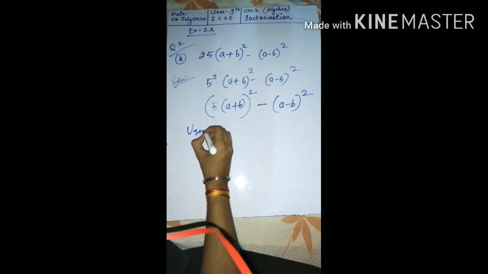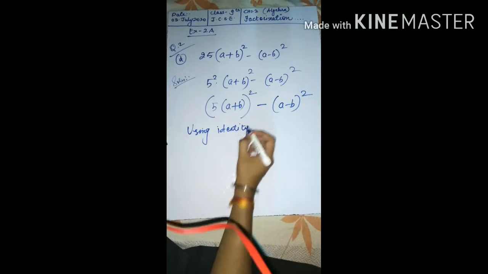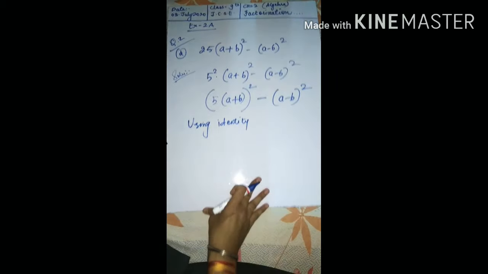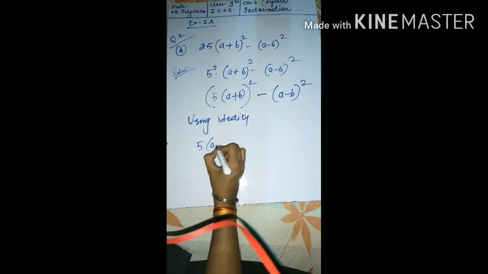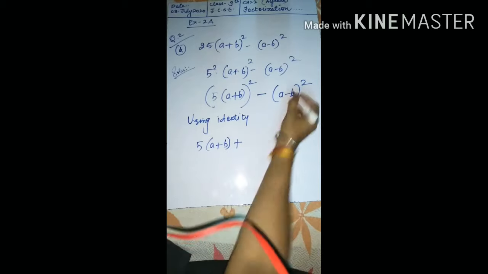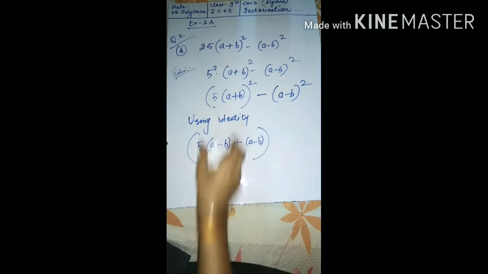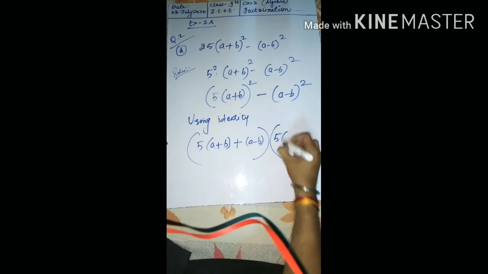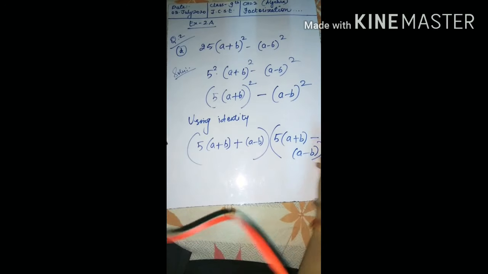Using the identity, I'm not writing the identity again, but you have to always mention the identity whatever you are using in the solution. Okay, so this is our a, this is our b. So a plus b, this is the 1, a plus b into a minus b, like that.